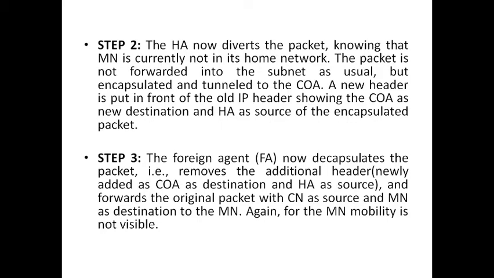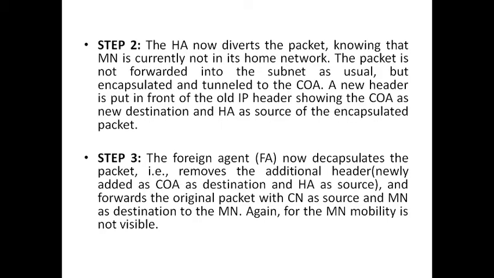For now, encapsulation is nothing but putting a new header showing HA as the source address and COA as the destination address. So now the packet will be routed to the COA.